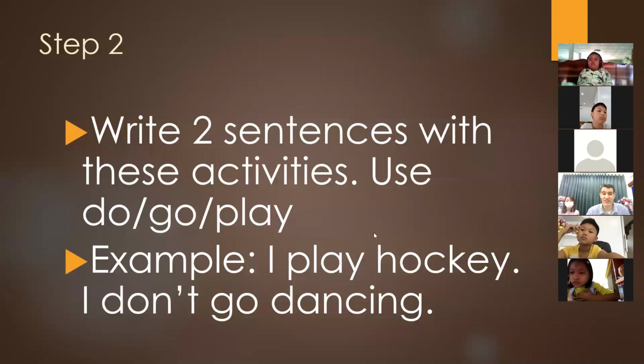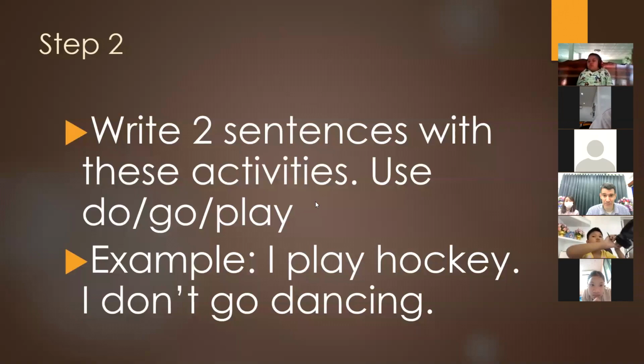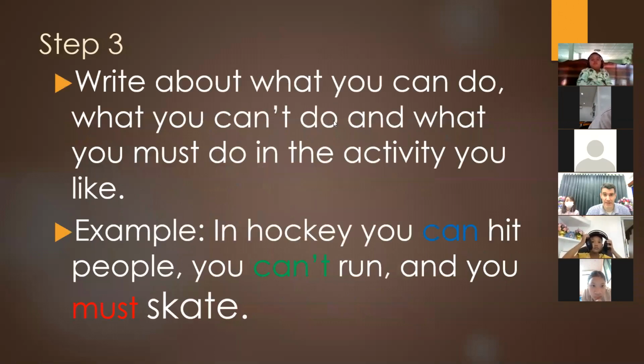And then step two is to write down what you do, play, or go, and what you don't do, play, or go. The last part is to write about what you can do, what you can't do, and what you must do in the activity you like. Only the activity you like, not the activity you don't like.